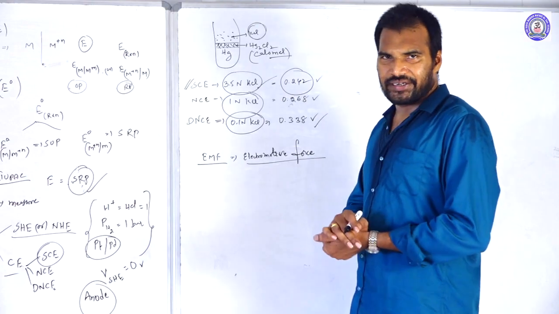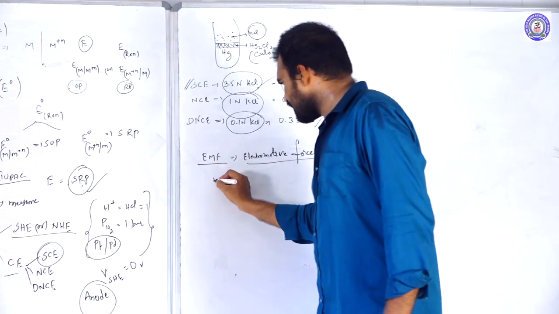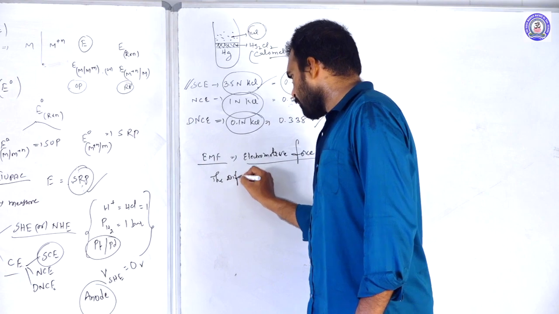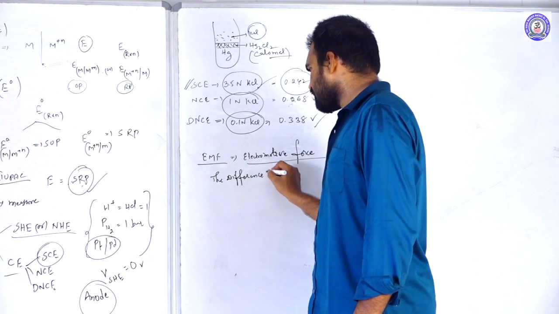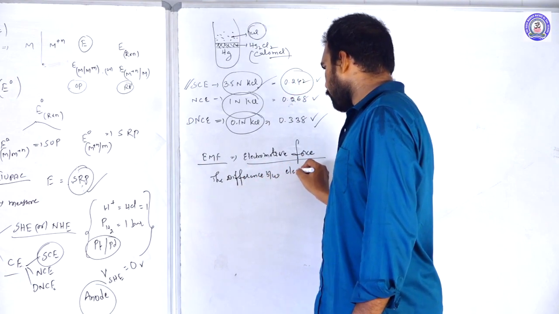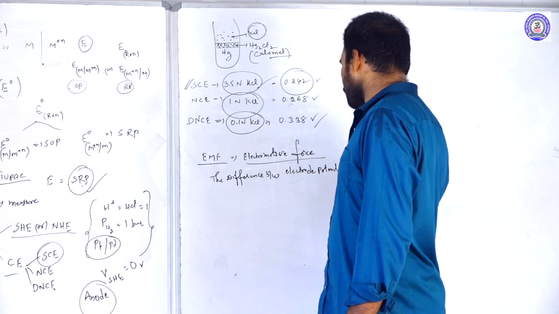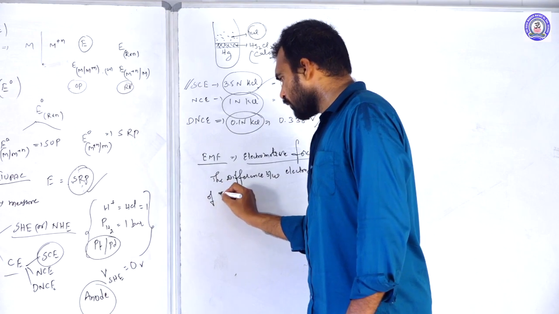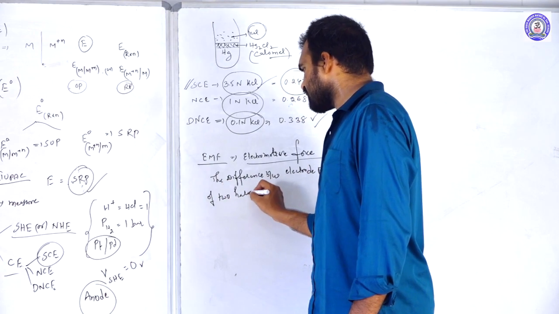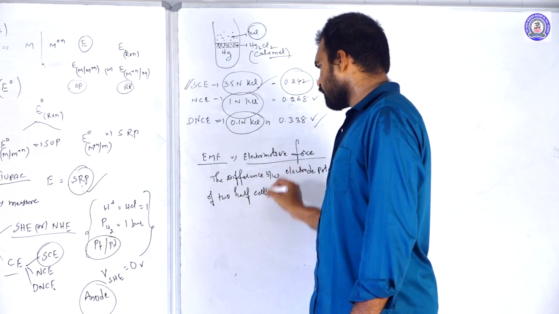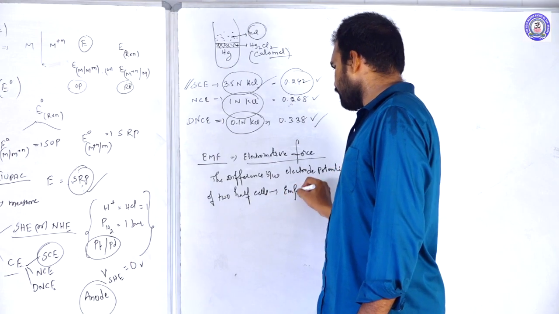How to calculate it? EMF is nothing but the difference between the electrode potentials of two half cells. Simple logic.